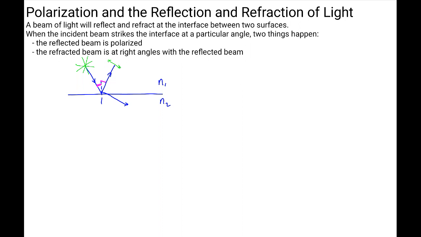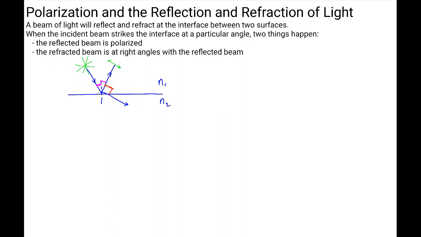But now the new special thing is that the reflected beam and the refracted beam are at right angles with respect to one another. So the reflected beam here and the refracted beam are perpendicular to one another.